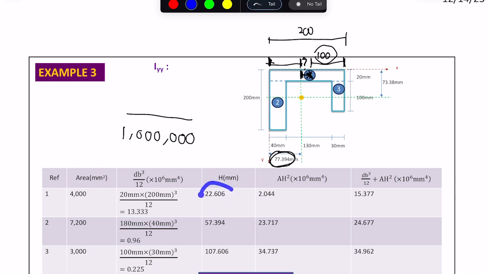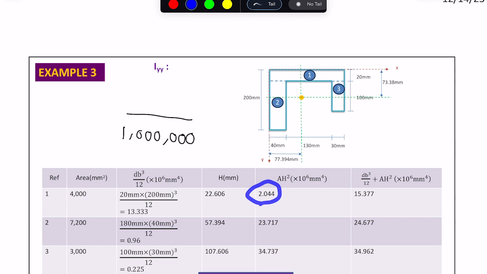Then simply square this value and multiply with the area 4000, divide with 1 million, you will get 2.044 times 10 power of 6. Next, we can add the AH square with the I bar y and get the value of 15.377.